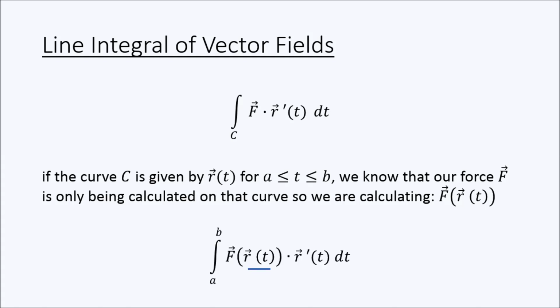So I can write F of r. Again, it's a nice notation that lets us state very clearly what we're actually calculating. And also, it lets us plug in the actual limits of integration that we're going to use to calculate this integral later on. So again, this is more of a computational formula that's useful for telling us exactly what we're doing if we know that our curve C is given as a vector function.